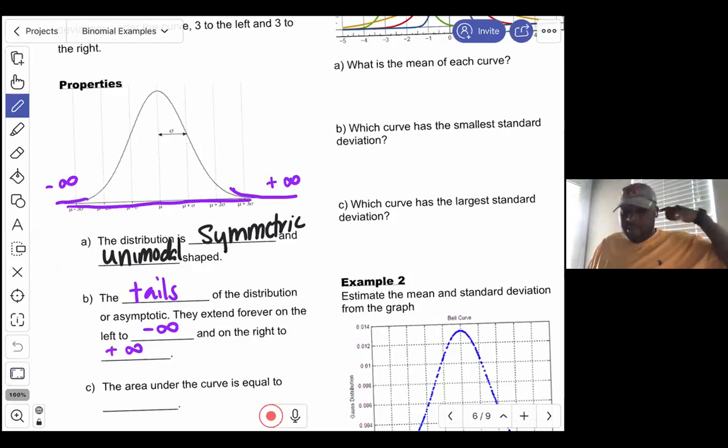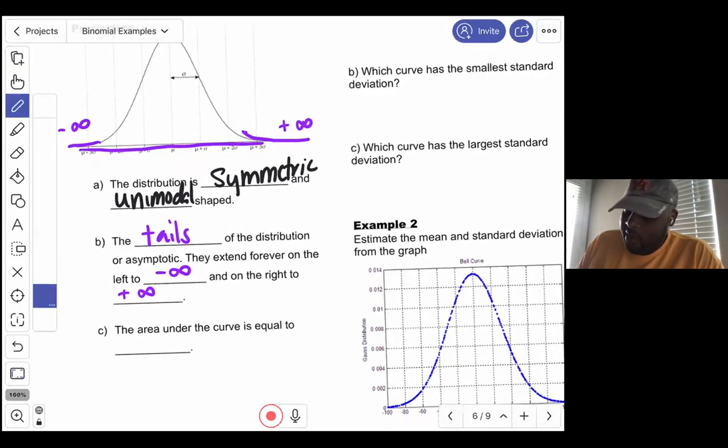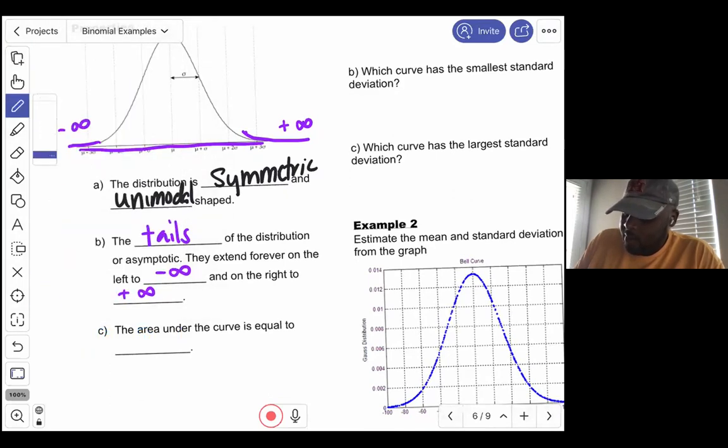Now, this is going to matter when we start doing calculator calculations. That's because our calculator doesn't have a negative infinity or a positive infinity button. So we're going to have to set what we call bounds. For our calculator's sake, we're going to call negative infinity negative 99999, a whole bunch of 9s.